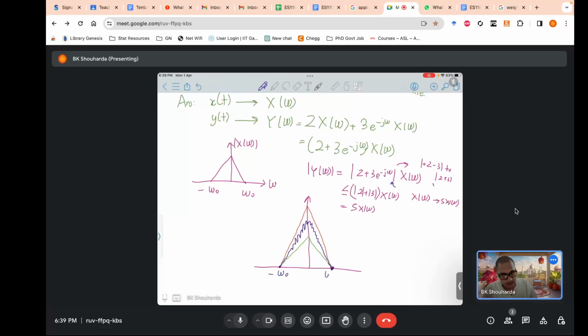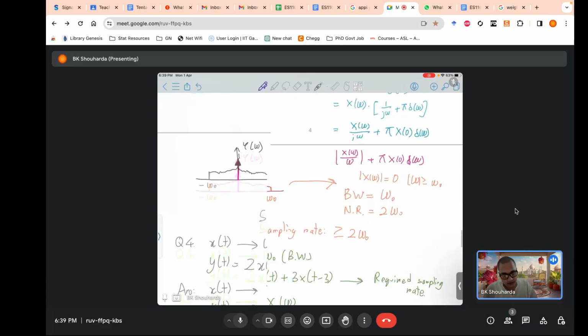The bandwidth still remains the same, and hence mod y of omega still has a bandwidth omega naught, and as a result the sampling rate must be greater than or equal to twice omega naught.